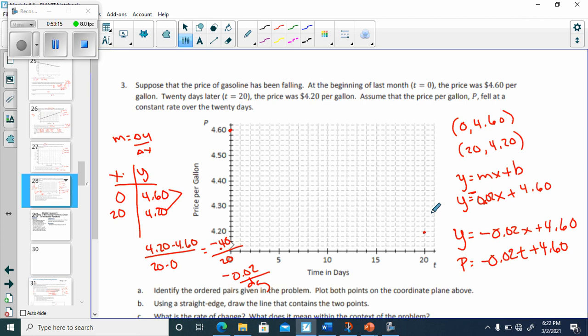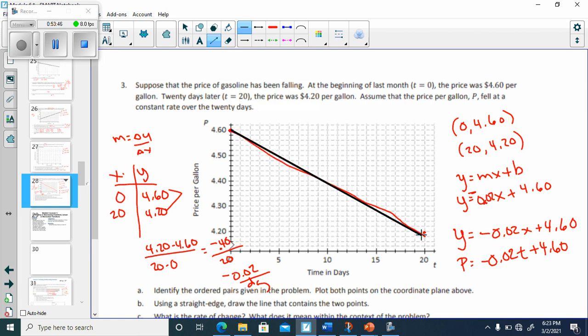Let me get our pen functioning. Let's set up our line and let's bring it from 460 down to, oops, I didn't do our line, but okay, it's close enough. All right, that would be our line. It would start at 460 and would go down to 420. That's what our line should look like right there.